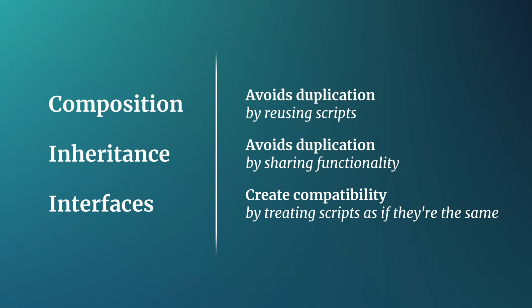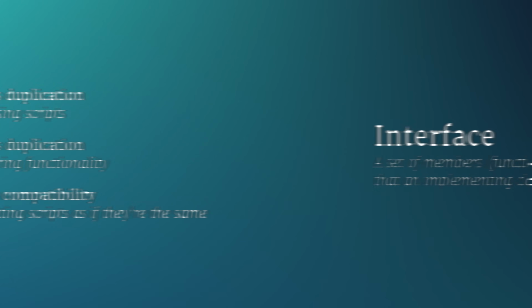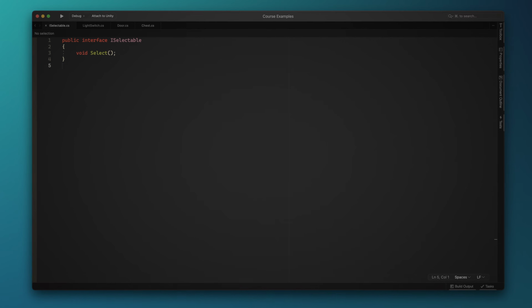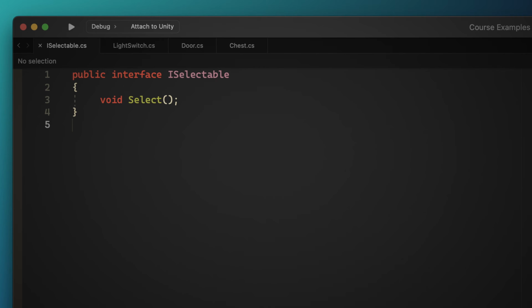So what is an interface? In simple terms, an interface is a set of abstract functions that any class that implements that interface must use. Conventionally, interfaces are used to give a particular class an ability, so they're typically named for that ability, preceded by a capital I. For example, if you want to make something selectable, you could create an ISelectable interface.